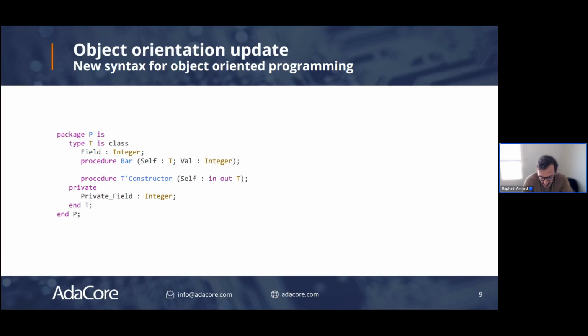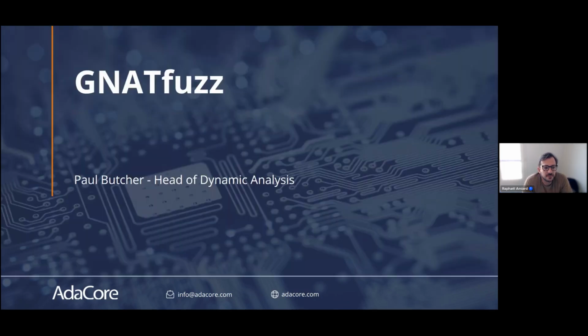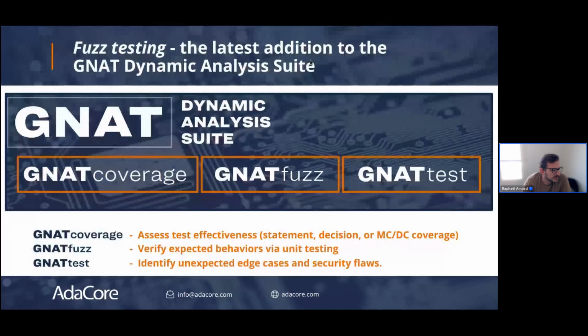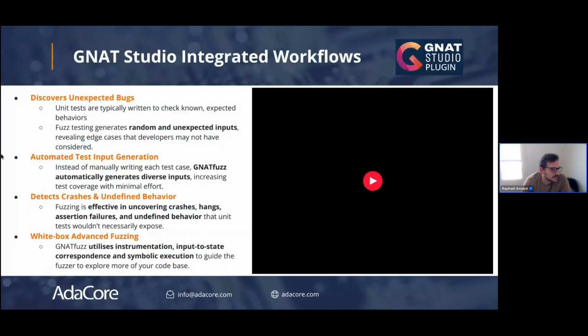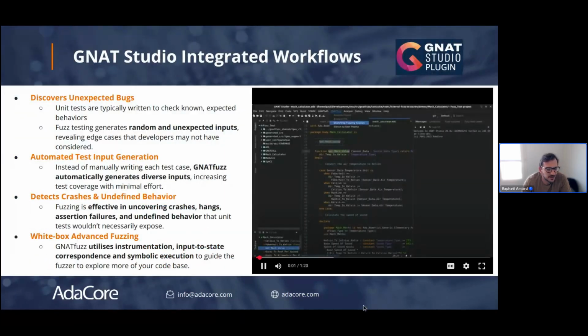These are only two small examples of the features we are working on, more to come in the near future. That was our highlights for Ada language features. I will now give the floor to Paul, who will introduce GNATfuzz.